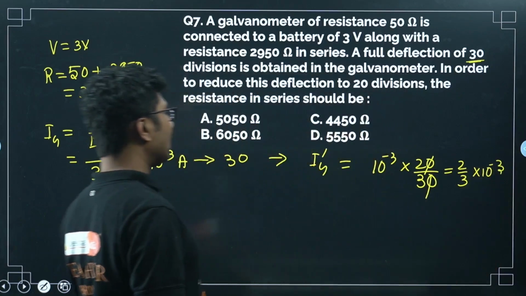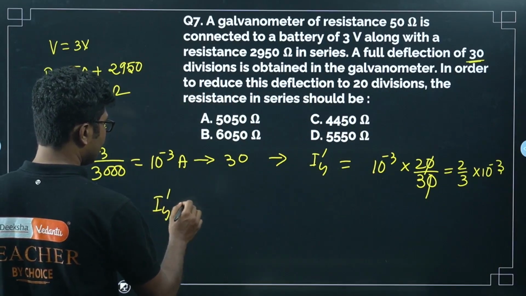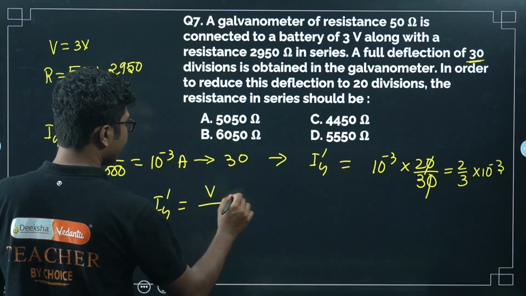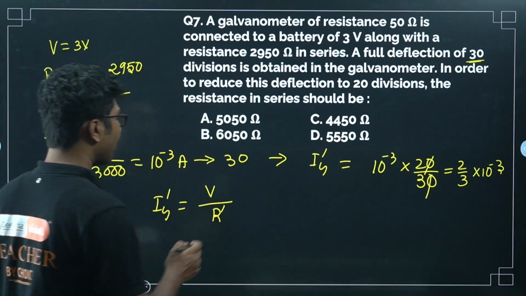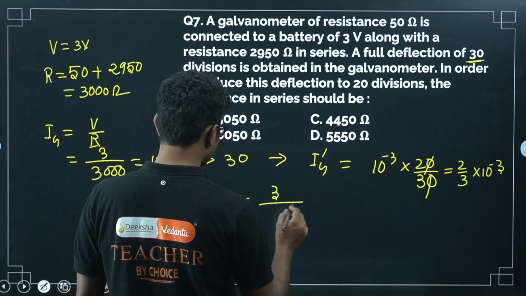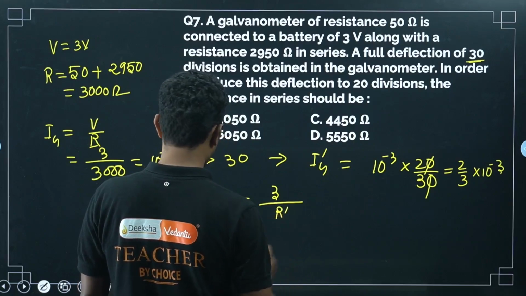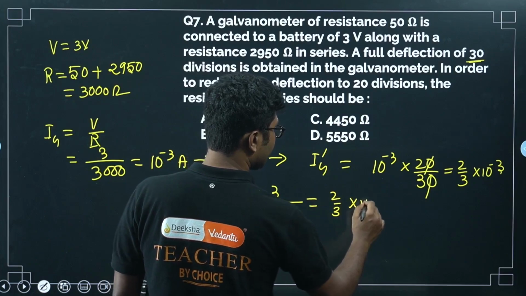This is the required current. Again, we know that this should be equal to the applied voltage divided by the new resistance. Applied voltage is remaining the same, that is 3 volts, and new resistance, say R dash, and that current is 2/3 of 10 to the power minus 3.